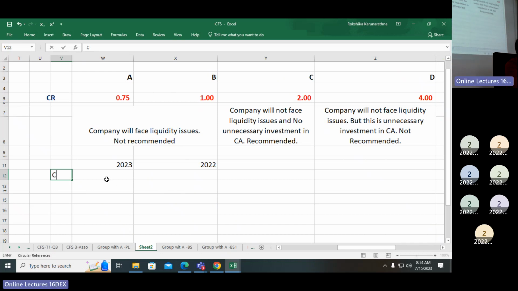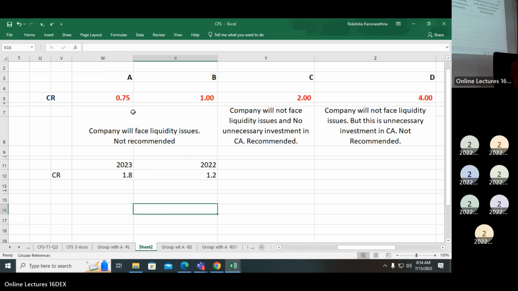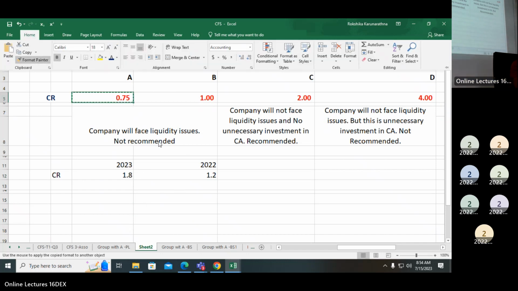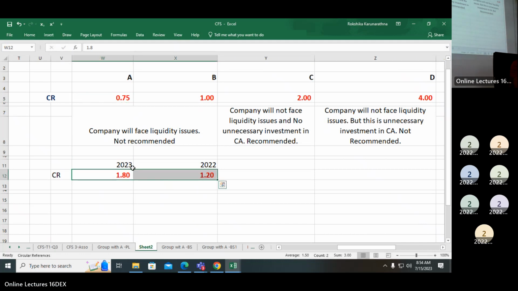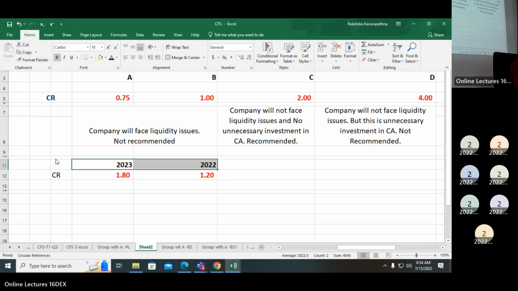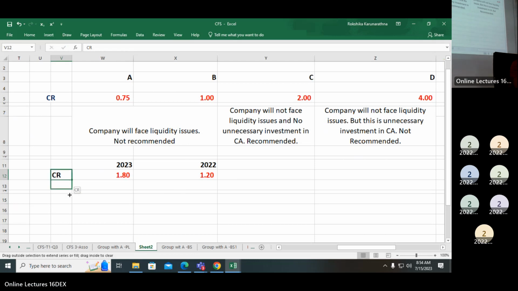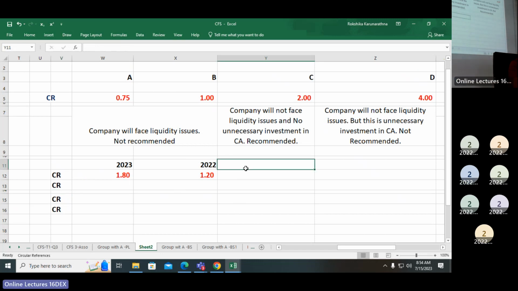You have current ratio, last year 1.2, this year 1.8. Now the current ratio has increased from 1.2 to 1.8. So in this scenario, change is in place.